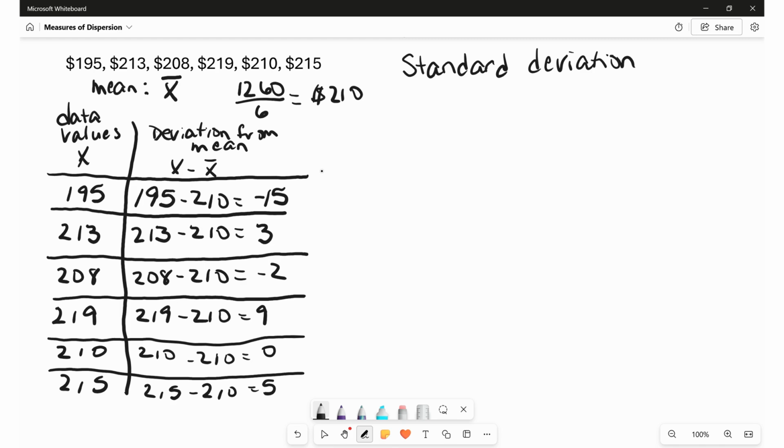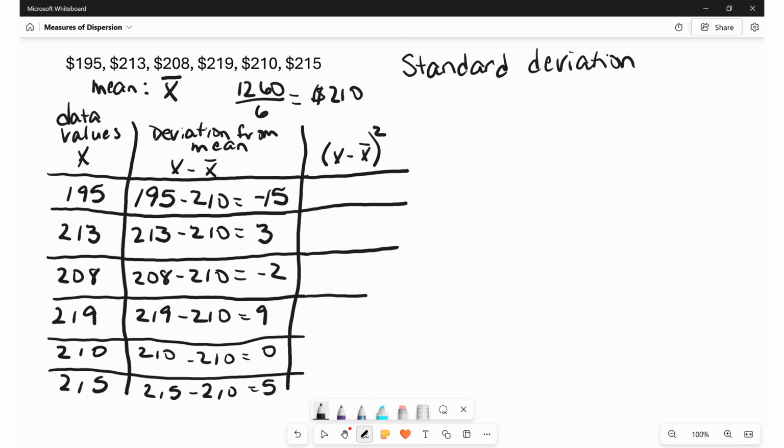All right. So now we found out how far away each one of these is from the mean. So the next thing that we need to do is take each one of these values, x minus x bar, and square it. And the reason why we're going to do this is so that we eliminate these negatives.